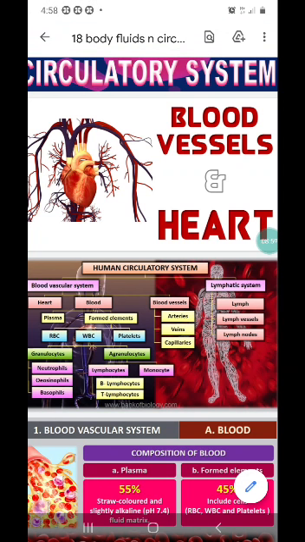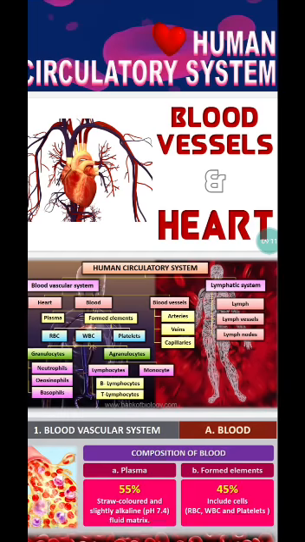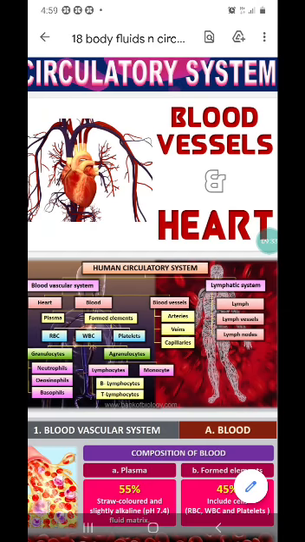Now blood consists of a liquid part, the plasma, and in it you can find the cells, which are the formed elements. So the blood consists of the liquid part, the plasma, in which the formed elements flow. And which are these formed elements? They are the RBC or erythrocytes, red colored cells, right?